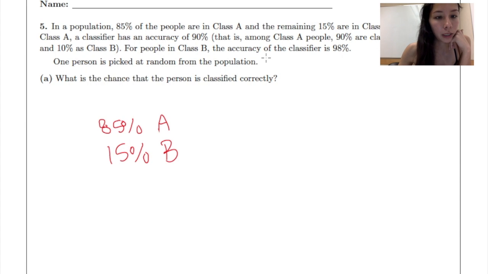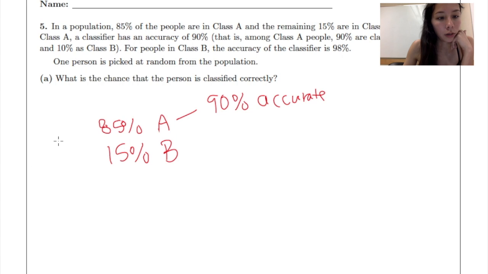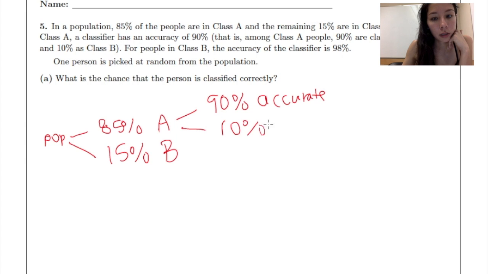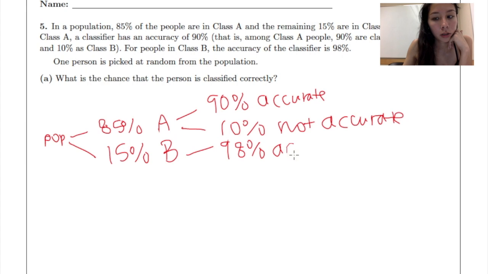For people in class B, so out of our population, we're splitting into these two, and then we're splitting these into accurate and not accurate. Okay, so in class B, the accuracy of the classifier is 98%. And 92% not accurate.